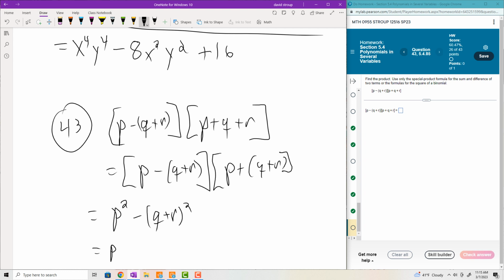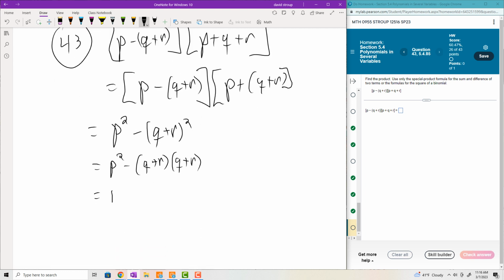And then that would be p squared minus q plus r times q plus r. And that would be p squared minus q squared plus qr plus qr plus r squared. Combine like terms, so I get q squared plus 2qr plus r squared.